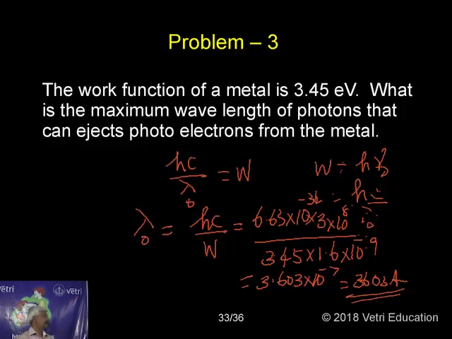Therefore, the work function of the metal is 3.45 electron volt. What is the maximum wavelength of photon? Because the frequency is minimum, the wavelength is maximum. That is how the problem is asked. There must be a minimum frequency for the ejection of electron, called the threshold frequency. If the frequency is minimum, in terms of wavelength it is the maximum wavelength. That is what we have to understand. This problem is concluded. Are you clear?